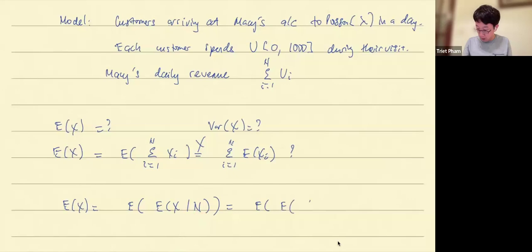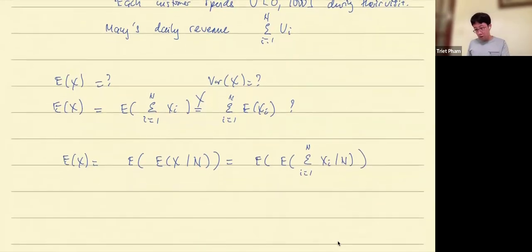So basically, this is a sum like that. First of all, when you fix n like this, then you can pass expectation inside.